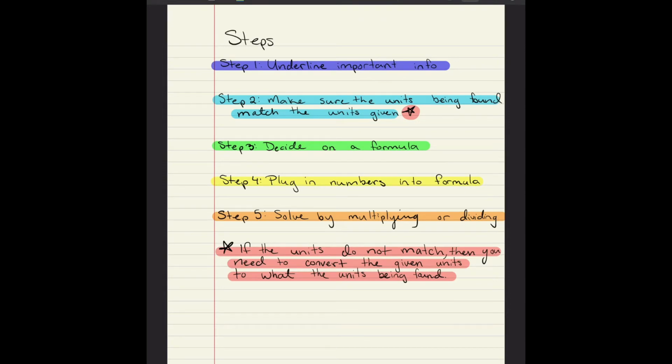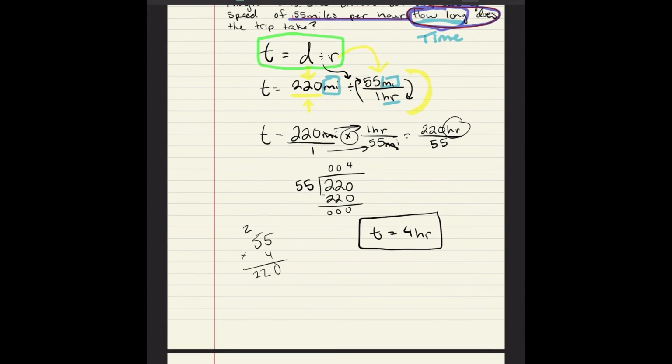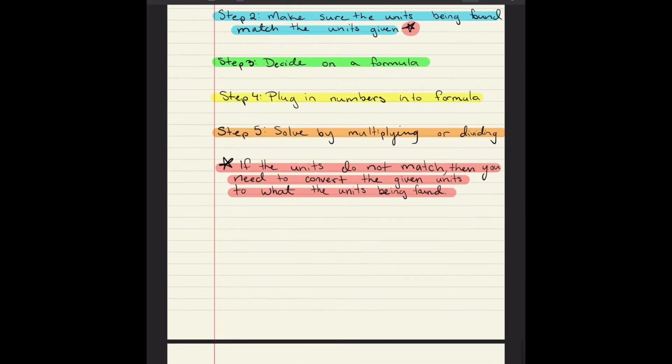Step 5 is to solve by multiplying or dividing. So before we could do that, we had to get rid of the miles, the wrong units. So we would end up with hours. So that's what this switch was here. So that's right here, this extra step.